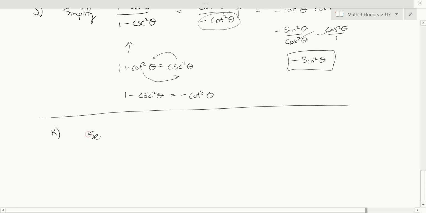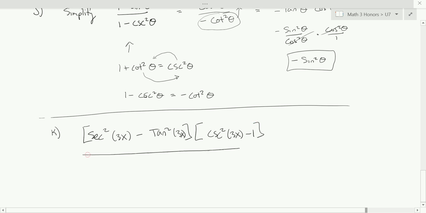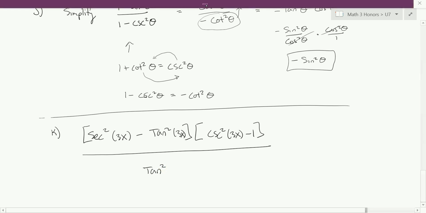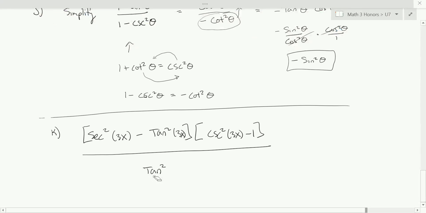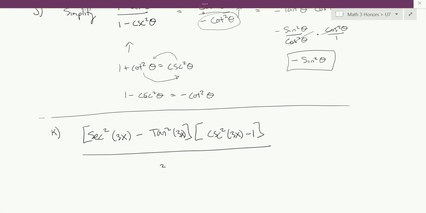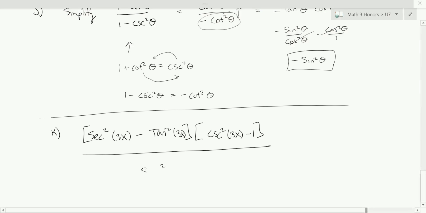So secant squared of 3x minus tangent squared 3x, in brackets, times cosecant squared 3x minus 1, all over sine squared of 3x minus 1.